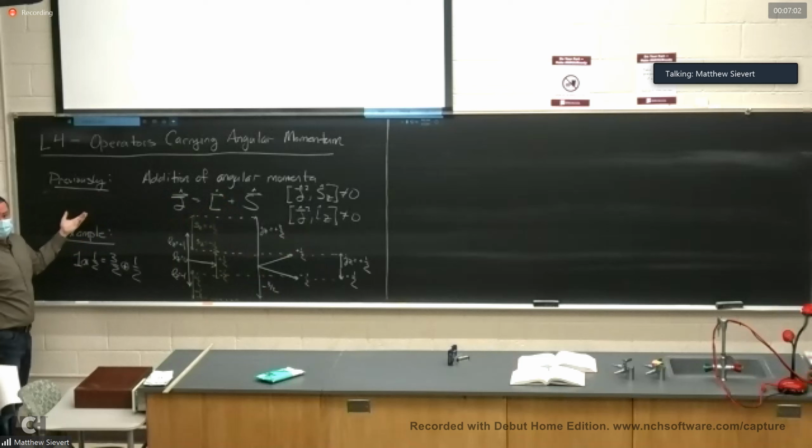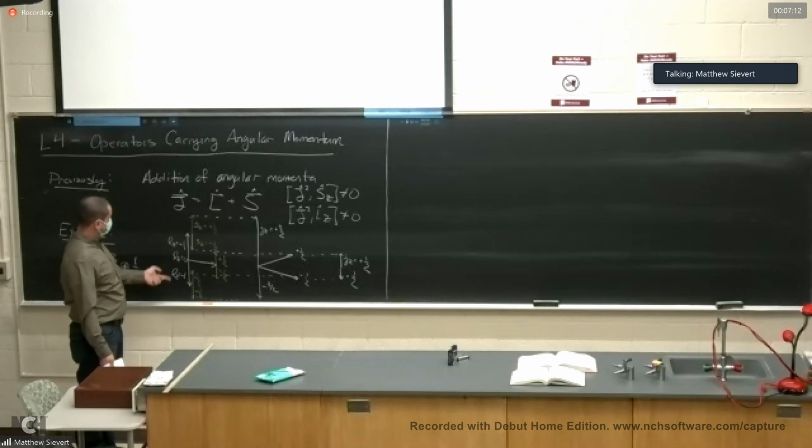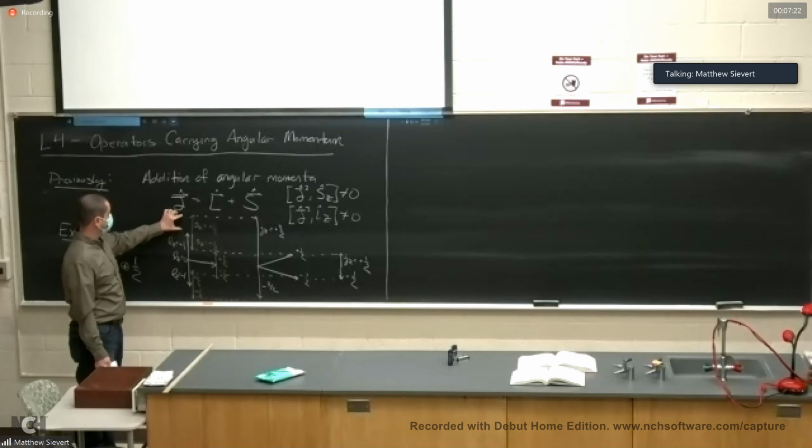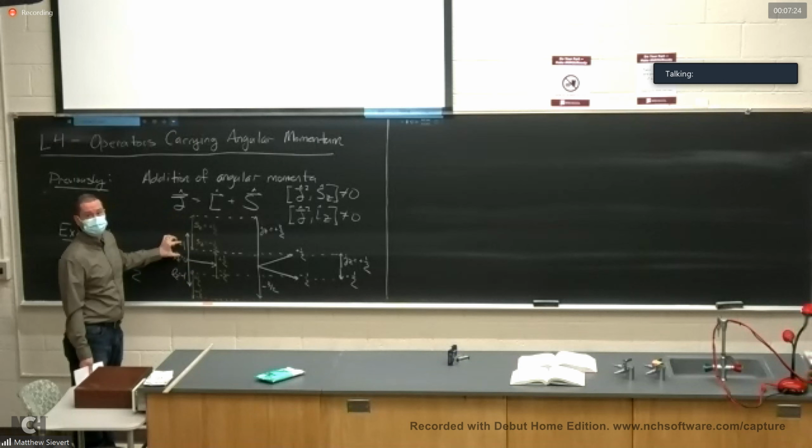We worked one example in detail. This was the case of a spin 1 orbital angular momentum plus a spin 1/2 spin angular momentum. We said the allowed values for the L equals 1 orbital angular momentum were +1, 0, and -1. And when we add that together with the spin 1/2, the spin 1/2 can either be +1/2 or -1/2.